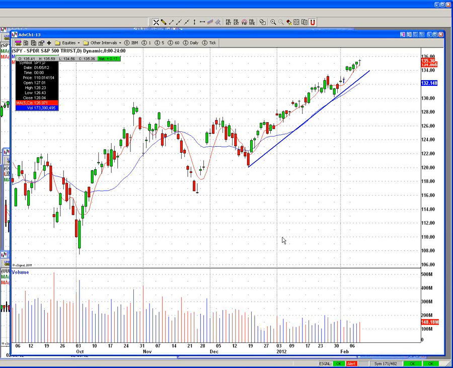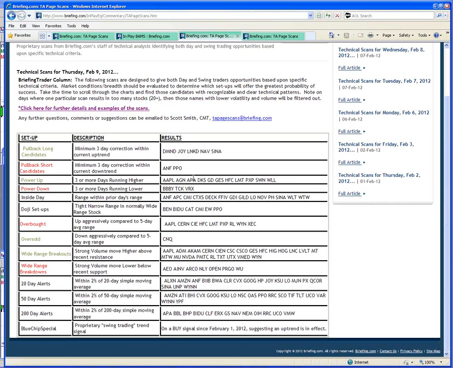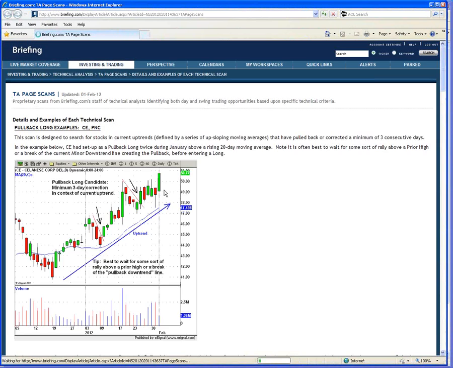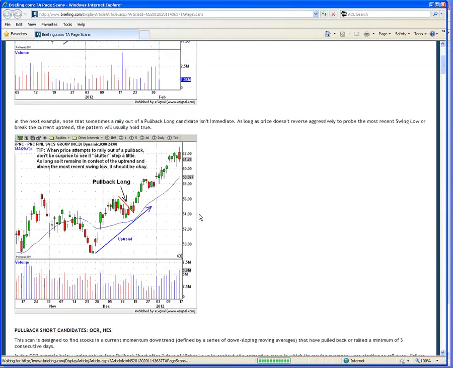This is something that needs to be reviewed and studied. What should you review? I'm going to post the scans after this webinar, so you can just look at them. But this page right here, click for further details and examples of scans. Read through this. This right here would probably be your best guide.